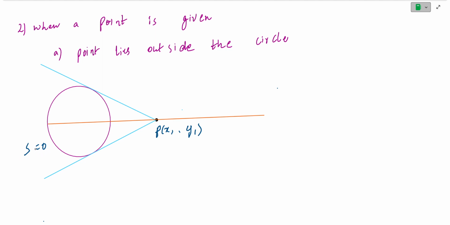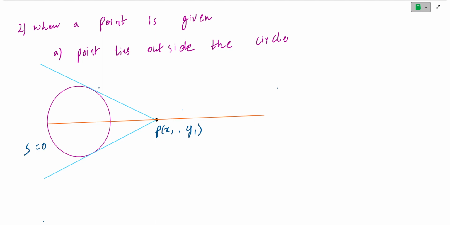If you don't know the notation, what is the meaning of S, S1, S11, S12, you can check the previous video discussing the notations. For this video, I'm just writing S = 0. For this circle S = 0, a point is given, and let us assume that this point lies outside the circle.